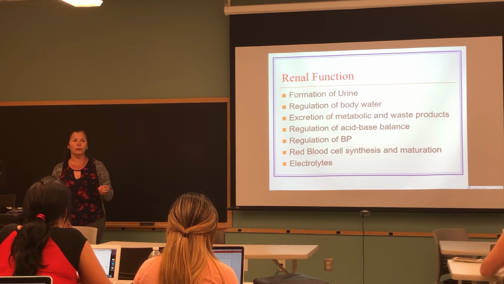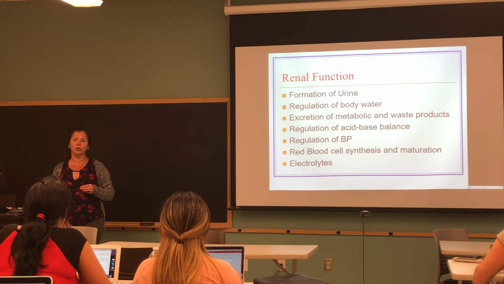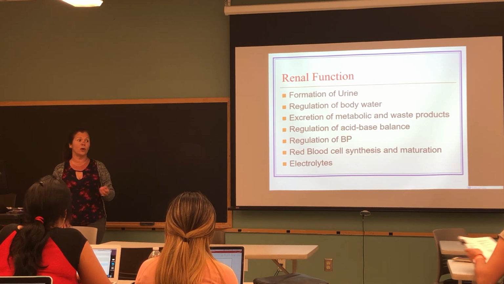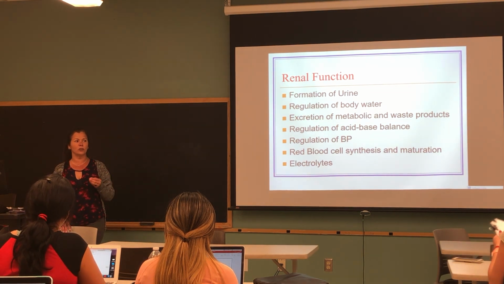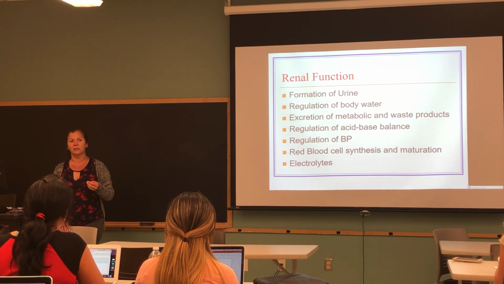If that doesn't improve, then remember that in the prerenal arteriole, we have an enzyme which is called angiotensin converting enzyme that converts angiotensin 1 to angiotensin 2 to produce a more potent vasoconstriction to regulate volume and pressure, right?